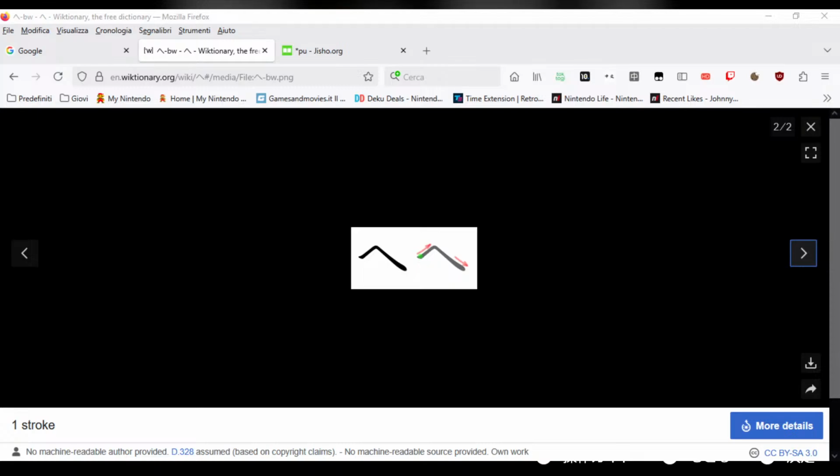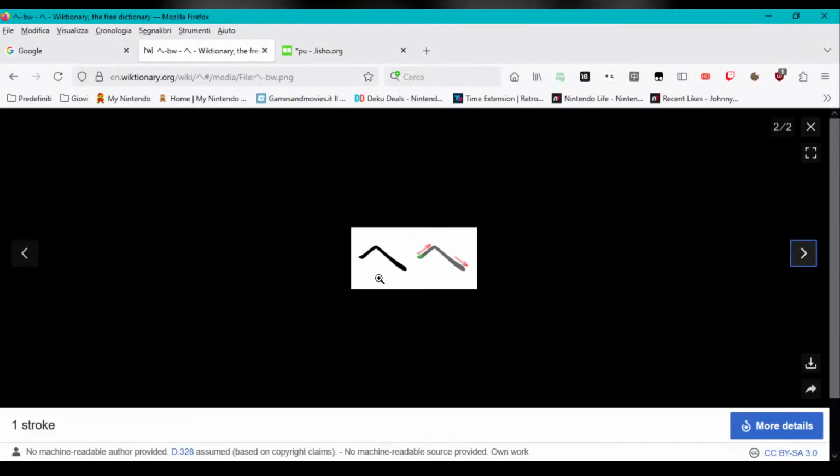Okay. We should be fine, sorry. As we have seen here, left to right, in a single stroke, as shown also here by the arrows.